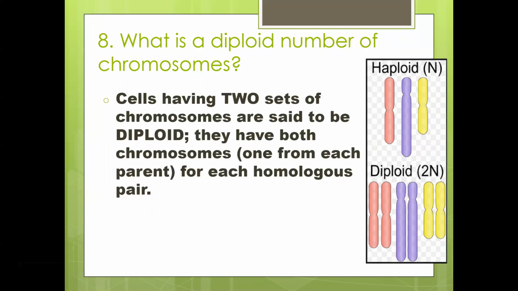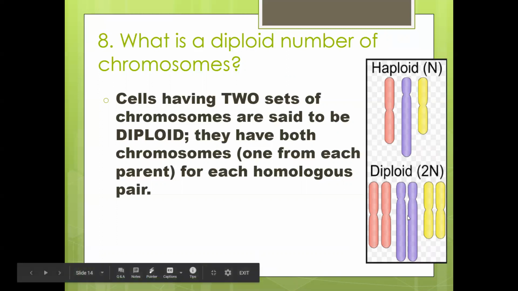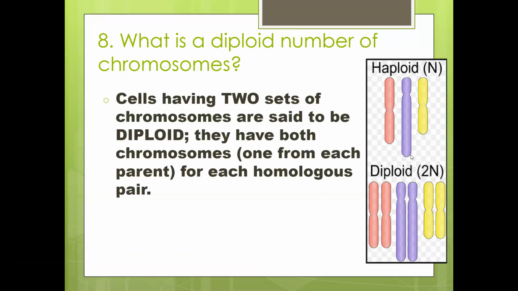And that's problematic because extra chromosomes is not better. Extra chromosomes causes genetic deficiencies, abnormalities, and a lot of problems. So our sperm and egg cells are haploid so that they can make a new human with the proper number of chromosomes.